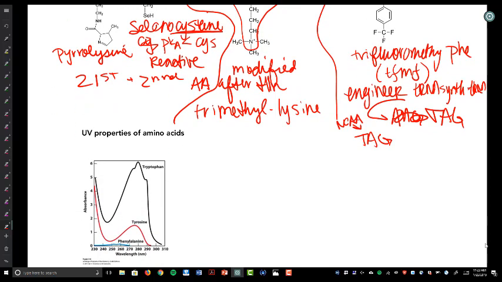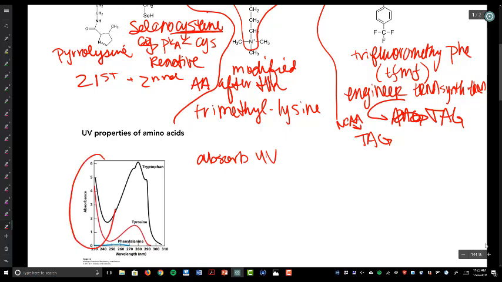Another cool thing about amino acids is that certain amino acids have the ability to absorb UV light. All amino acids are going to absorb in the low 200s because of the peptide bond.